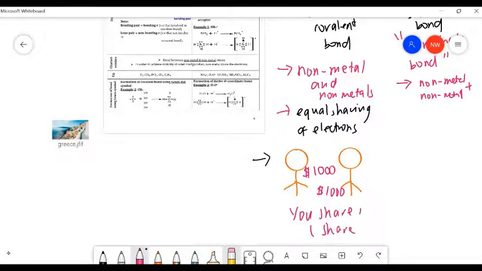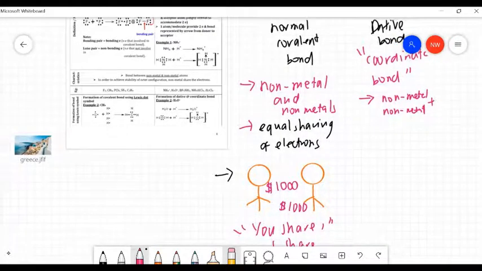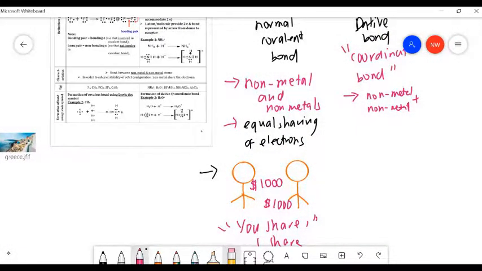I share. Okay. Tetapi berbeza dengan kita punya dative bond ataupun coordinate bond. Di mana sekarang untuk dative bond, you share, but I don't. Okay, so untuk dative bond hanya seorang sahaja yang kongsi, yang memberi contribution, tetapi seorang lagi tidak.